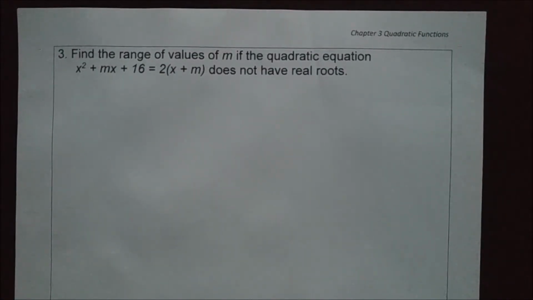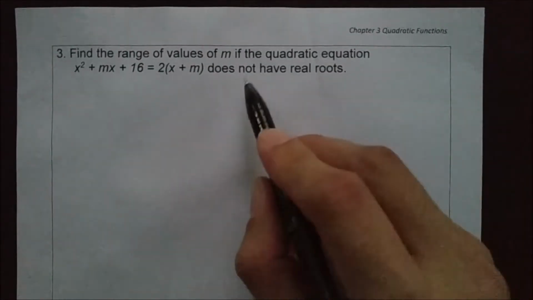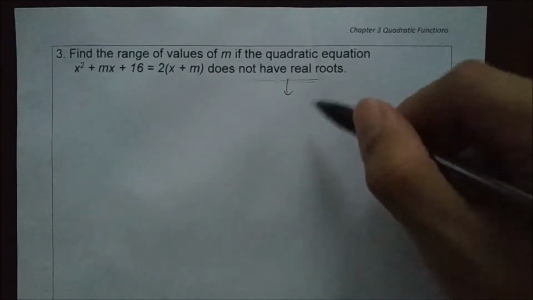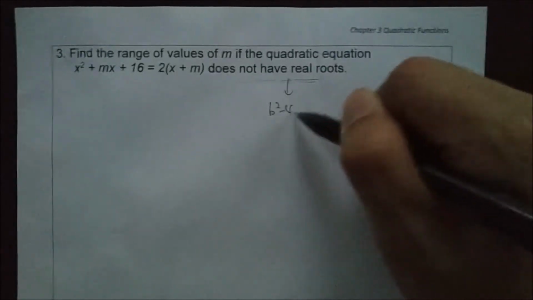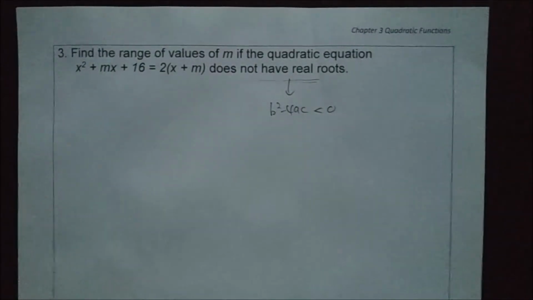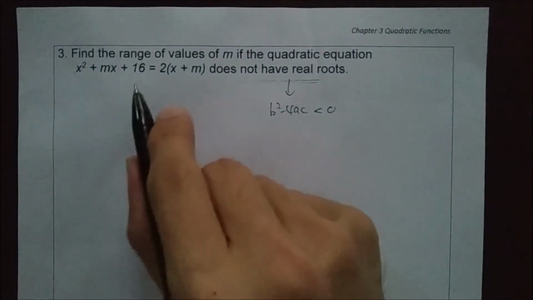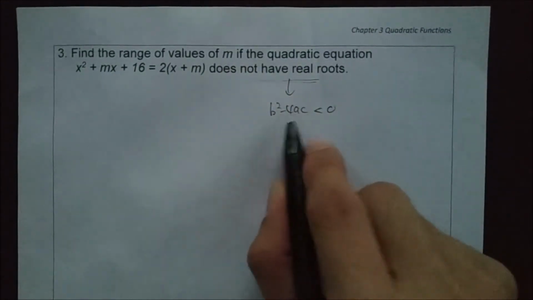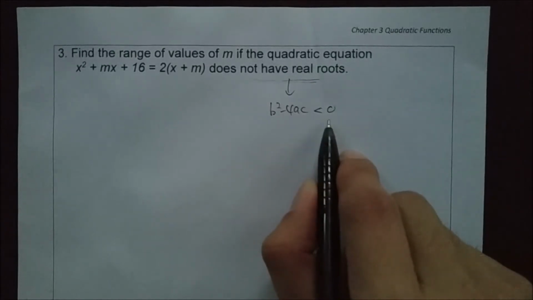Find the range of values of m if the quadratic equation x squared plus mx plus 16 equals 2 times, in brackets, x plus m does not have real roots. So does not have real roots gives us the information that the discriminant is less than 0. If we can rearrange this in general form and find these values, then we can fill them in and solve it.